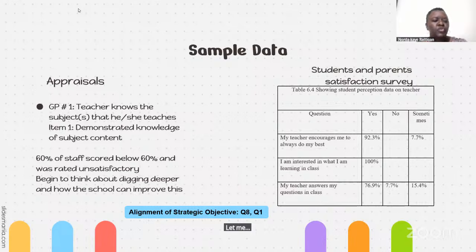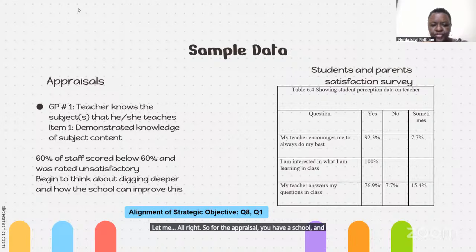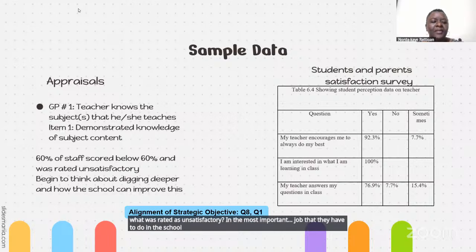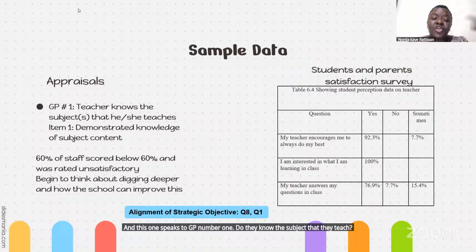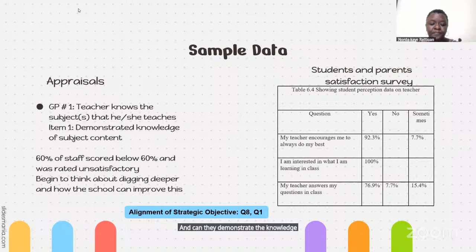For your appraisal, you have a school, and after you evaluated your school, you realize that 60% of your staff scored below 60%, rated as unsatisfactory in the most important job that they have to do in the school. And this one speaks to GP number one: do they know the subject that they teach, and can they demonstrate the knowledge and subject content?